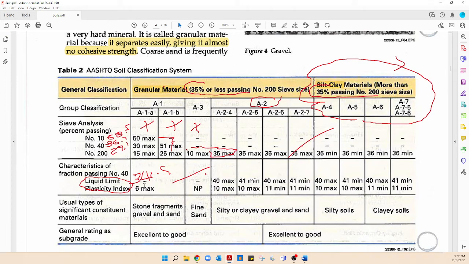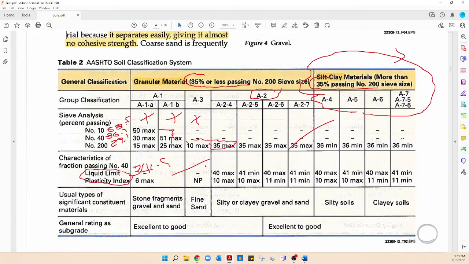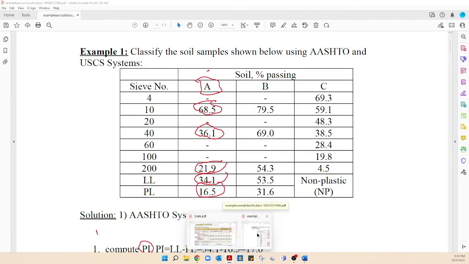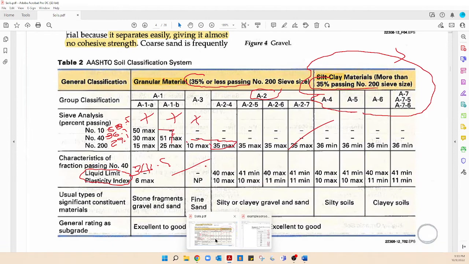Plasticity index is, what was that one other one? Just give me one second. Plastic limit was 16.5. So going back here, your plastic limit, it doesn't have a place for it, does it? PL. Anyway, it's 16.5.